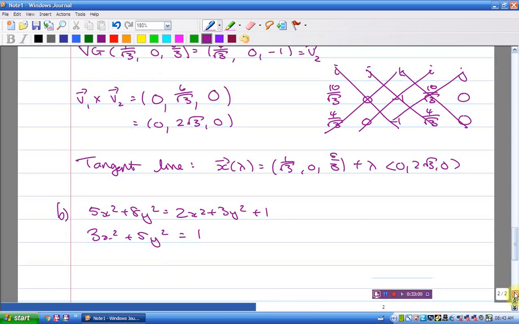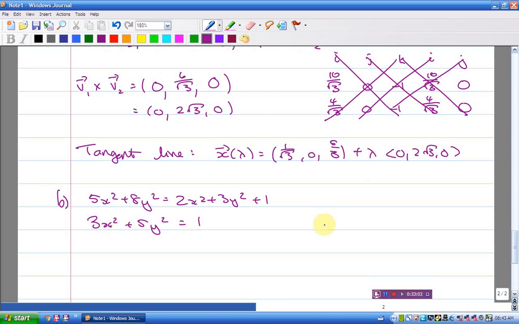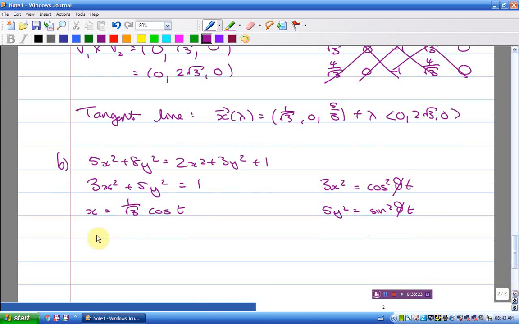Okay, so I'm wanting 3x squared to be cos squared theta, and I'm wanting 5y squared to be sine squared theta. So x is going to have to be 1 over root 3 cos t. Let me use t rather than theta. Doesn't matter. Y is going to be 1 over root 5 sine t.